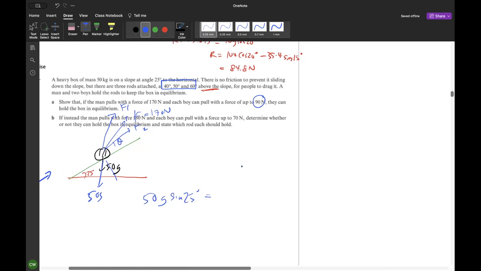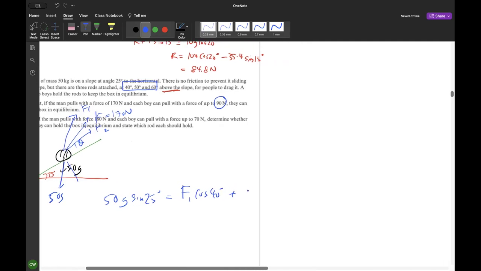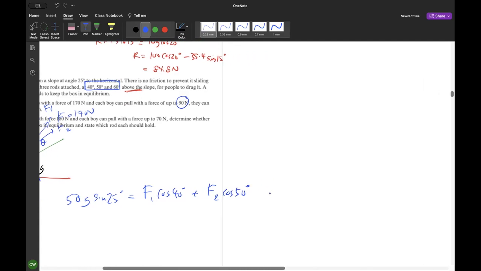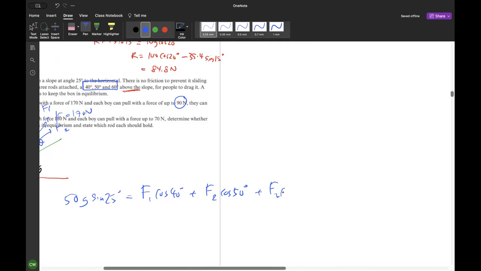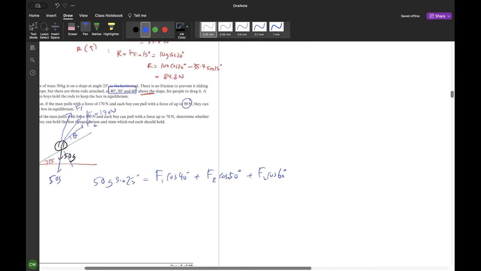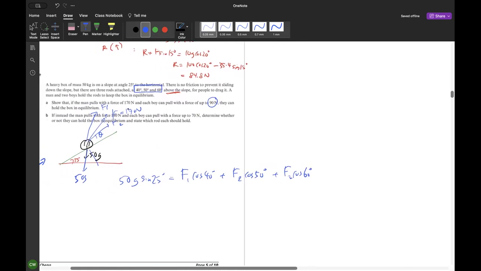Going up is held by these three using the cos. So the first one is F1 cos 40, the second one is F2 cos 50, the third one is F3 cos 60. It says the man can exert 170.